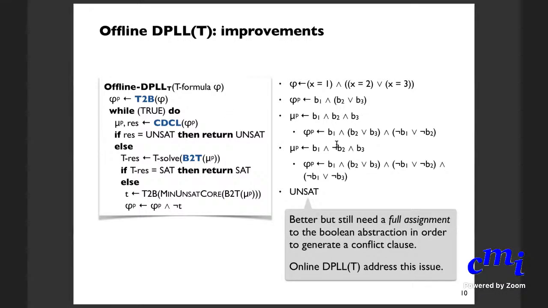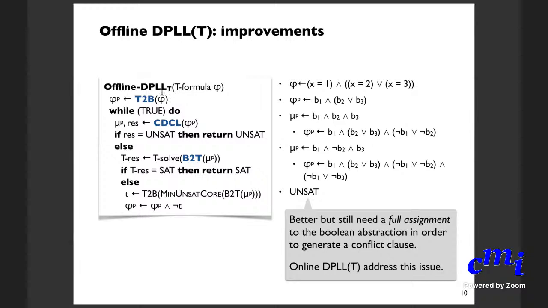Then you don't have to wait till you get a full assignment to consult it. So basically what DPLL(T) does is a tighter integration of the DPLL procedure.